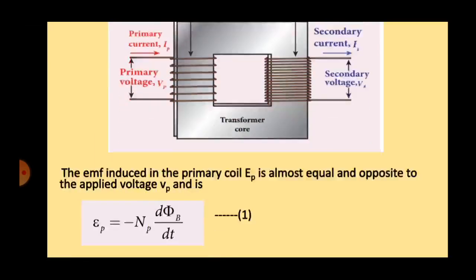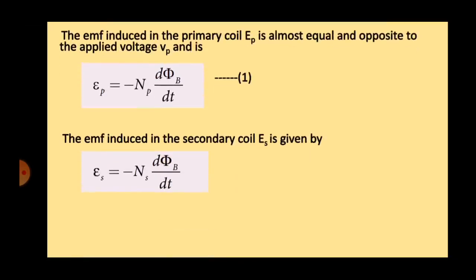Are you clear? Now see, the EMF induced in the primary circuit, epsilon P, is almost equal and opposite to the applied voltage VP.